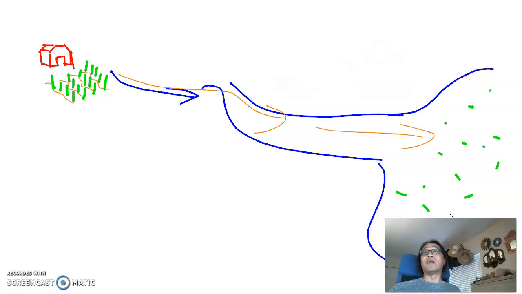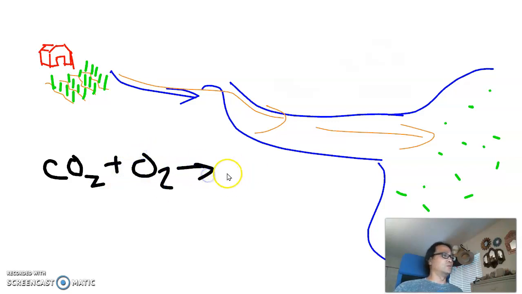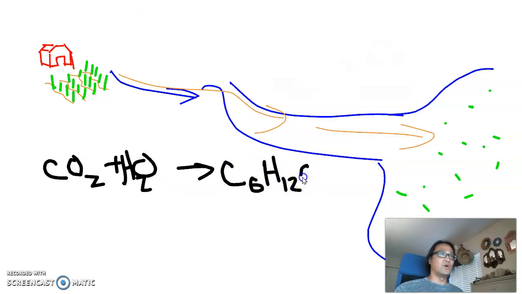So that's one thing. Another thing is, if you remember this equation, so let's see, CO2 plus H2O gets you C6H12O6 plus O2.